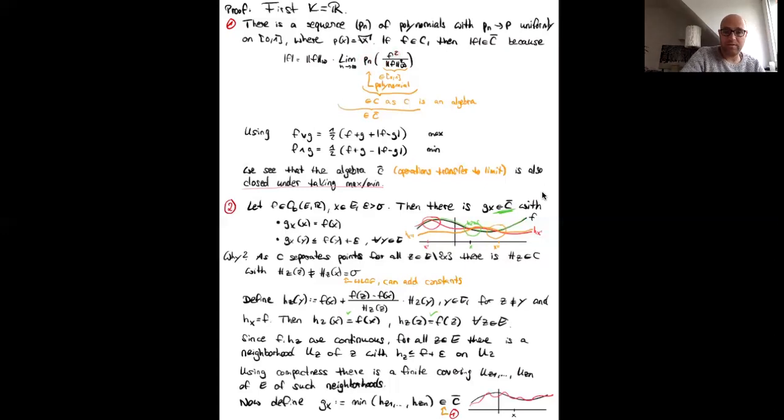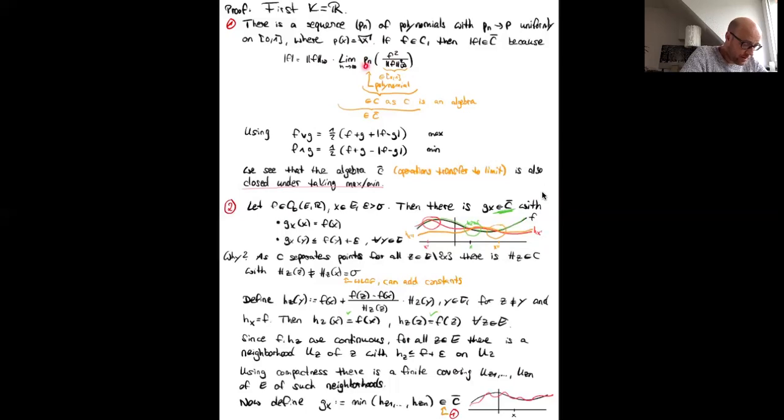But of course, if I divide the function by the maximum of the function, and this one is also non-negative because of the squared, and the maximum also squared, then this is between 0 and 1. The maximum is, of course, larger or equal to f. So this is in 0, 1. This is a polynomial with values in 0, 1.